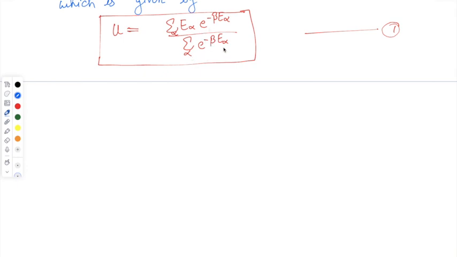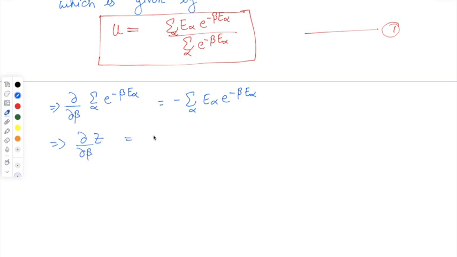Now, if we differentiate the denominator with respect to beta, del by del beta of Z, we get the numerator with a minus sign. So del Z over del beta is equal to minus the summation of E alpha e to the power minus beta E alpha.